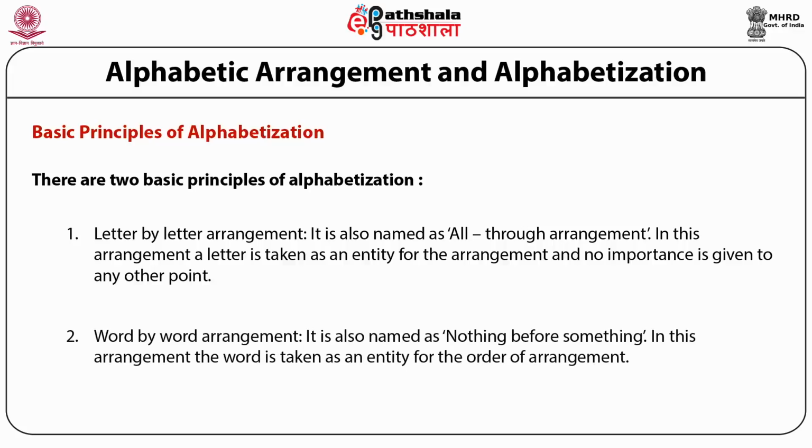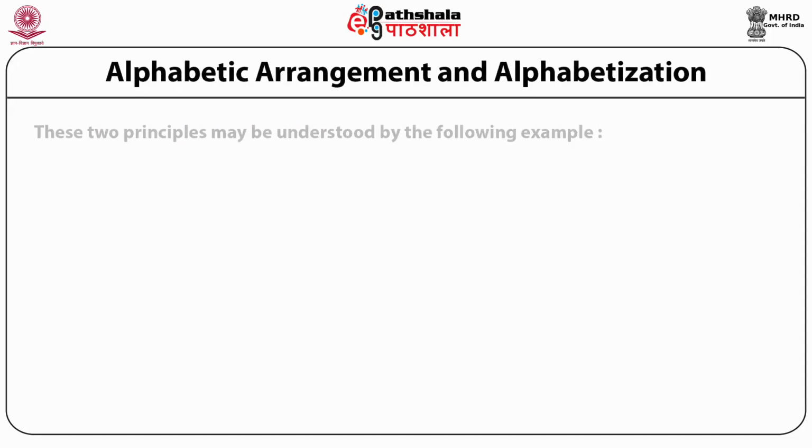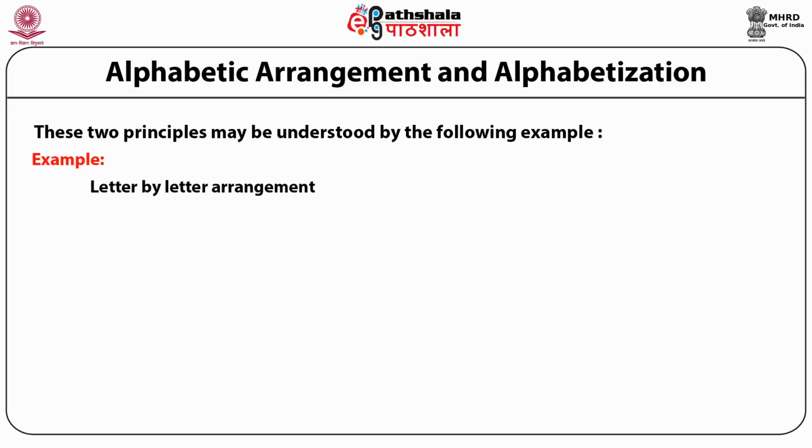It is also named as nothing before something. In this arrangement, the word is taken as an entity for the order of arrangement. These two principles may be understood by the following example. First example is from letter by letter arrangement.